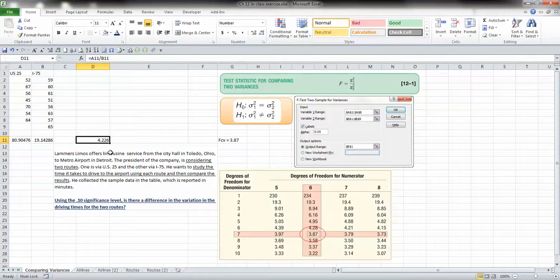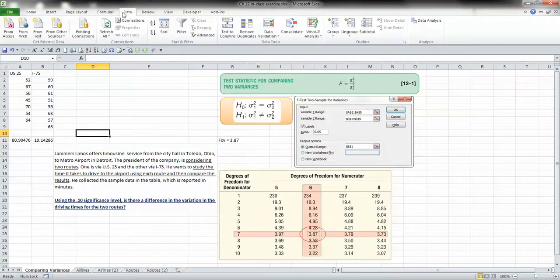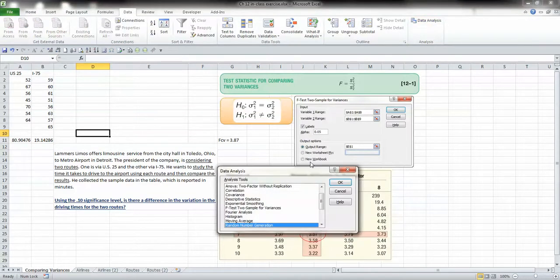Now, what we can do also is go into the Data Analysis ToolPak, and of course you have to have the Data Analysis ToolPak set up as an add-in.